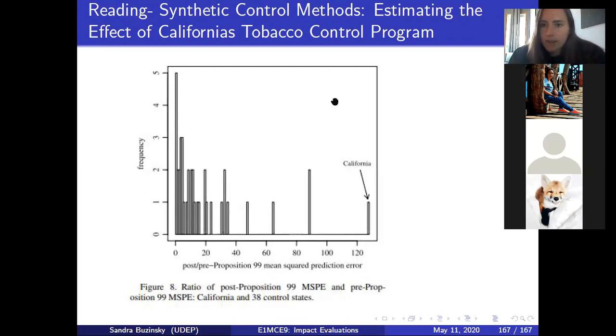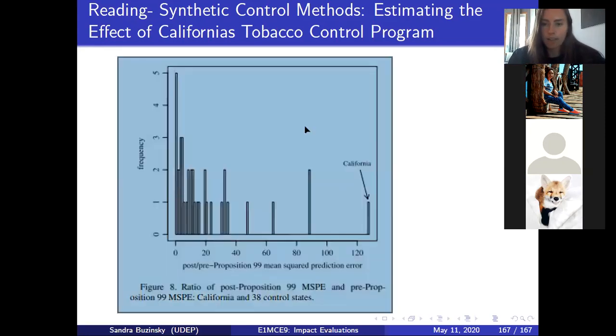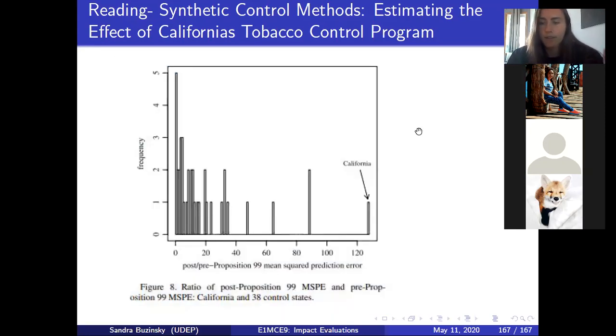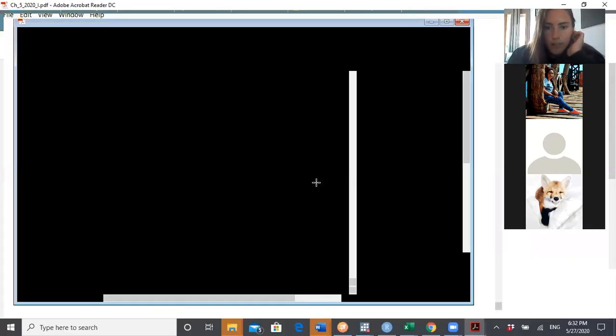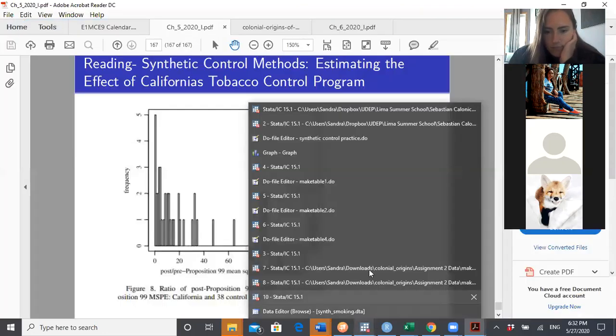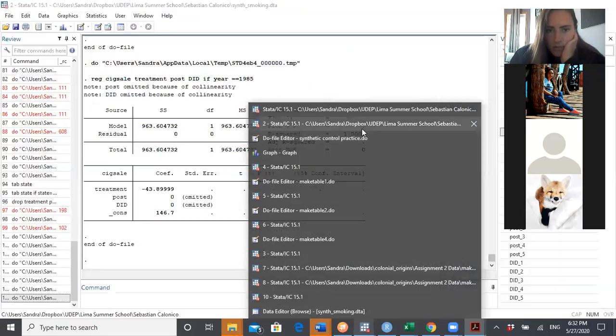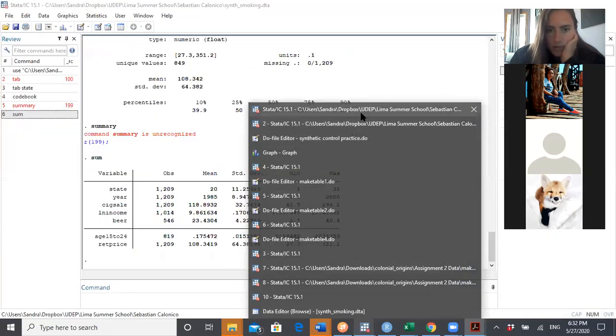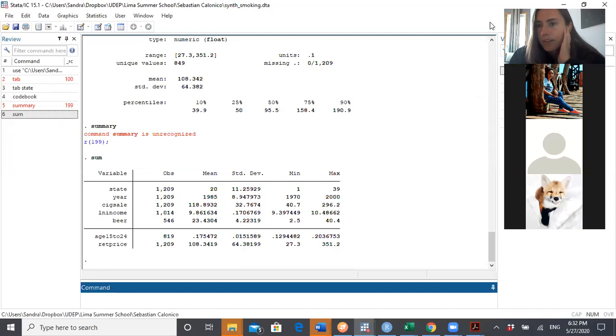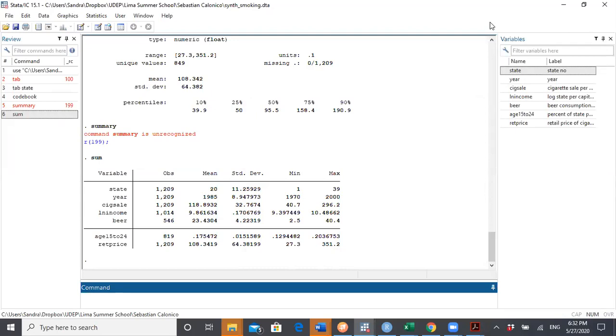Okay, so for the last 10 minutes of class, I just want to show you guys how to run this command in Stata. So this is the smoking data set.